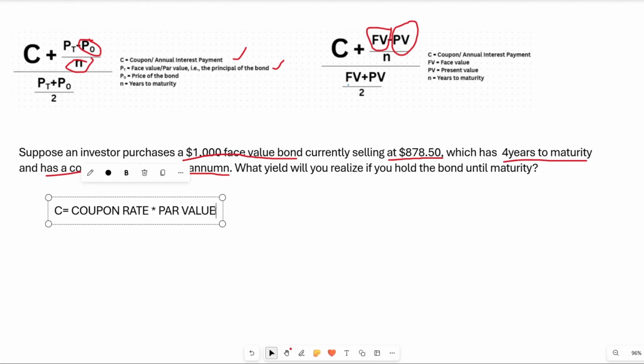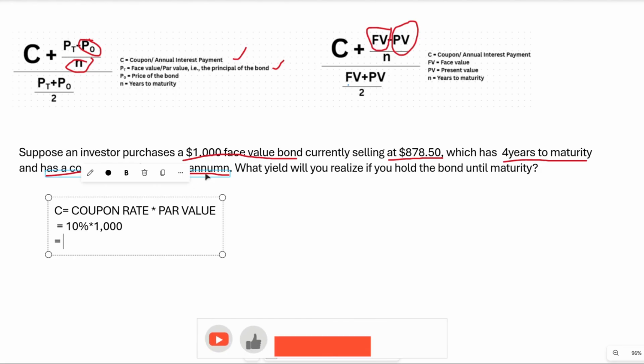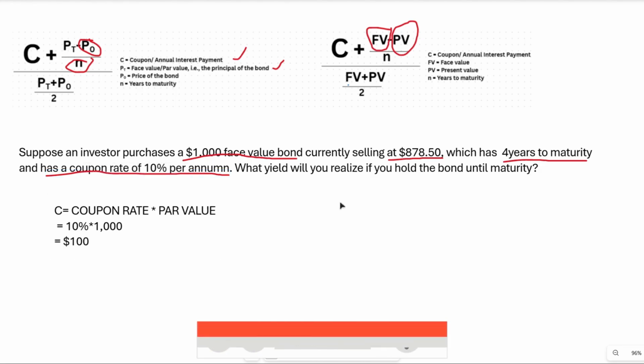So from the question, our coupon payment is 10%, which is 0.1, multiplied by our face value, which is 1,000. Given that we have 10% of 1,000, that is $100. So we've gotten our first variable.